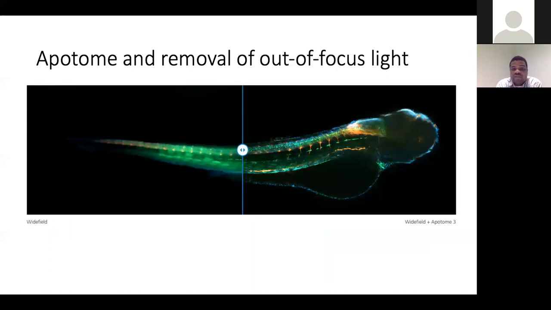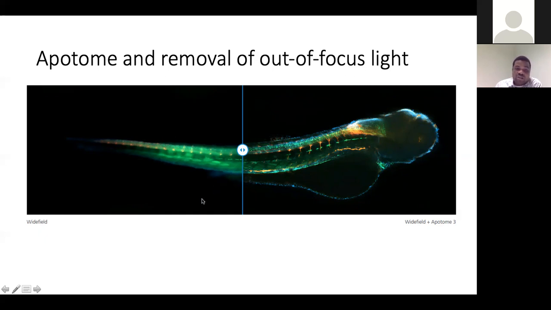To get rid of the out of focus light that comes with widefield microscopy, the first option is using the software, going through deconvolution, looking at your point spread function, and then using those values to process the image from a broad or more blurry image and make it look sharper.